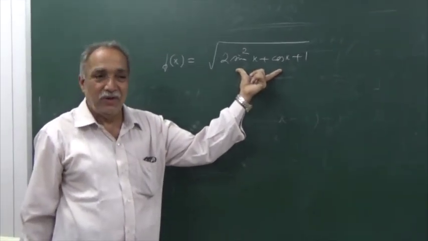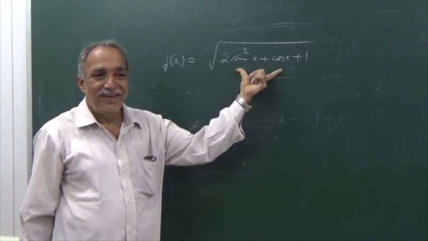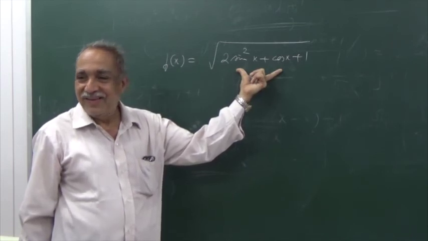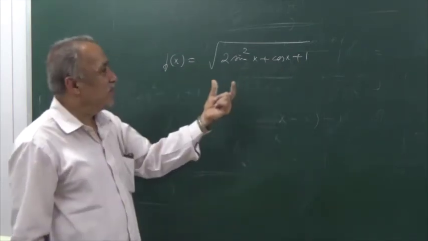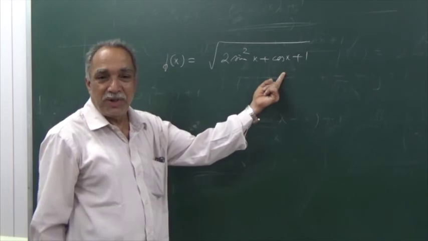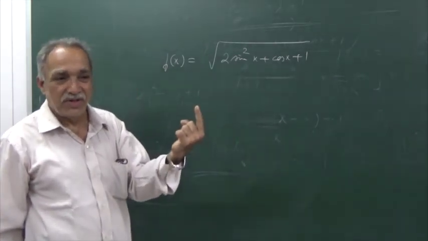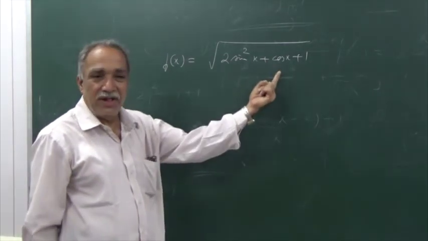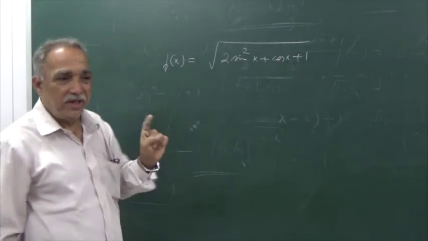This must be greater than or equal to 0. First, let me convert this into an expression involving a single variety of trigonometric function. There are both sine and cos. Let me make it a function involving only one variety.